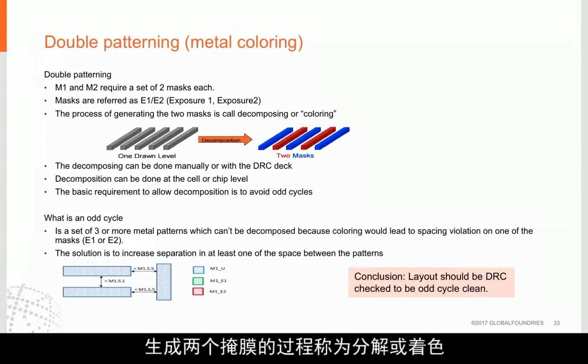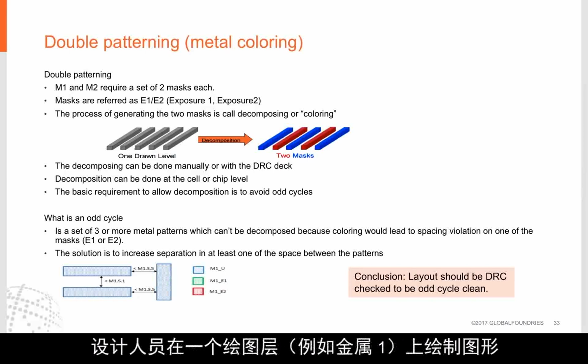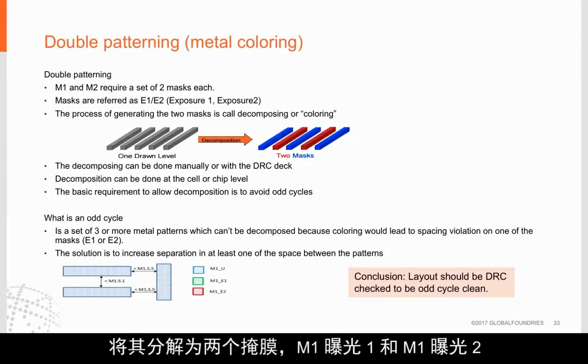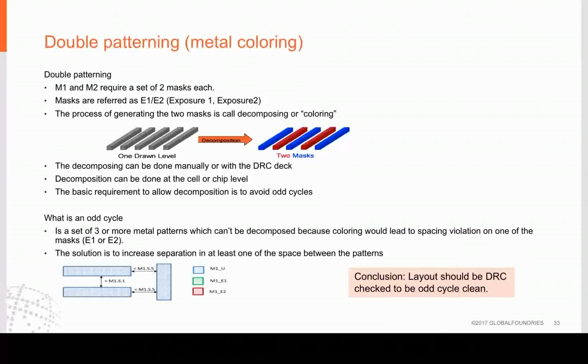The process of generating the two masks is called decomposing or coloring. The designer draws the shapes on one drawn layer, for example metal 1, and then we run a program which decomposes it into two masks, M1 exposure 1 and M1 exposure 2.